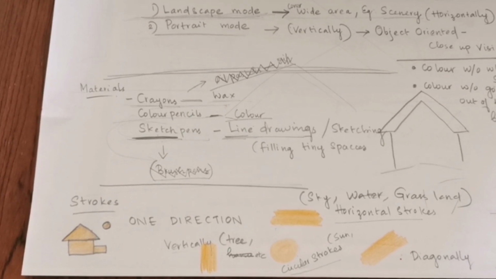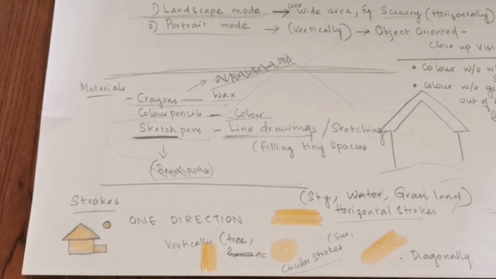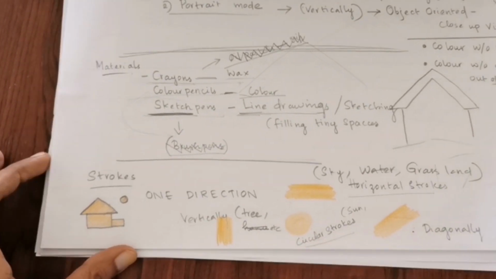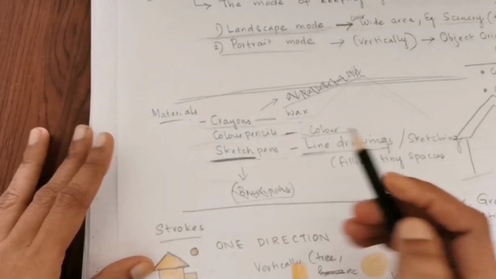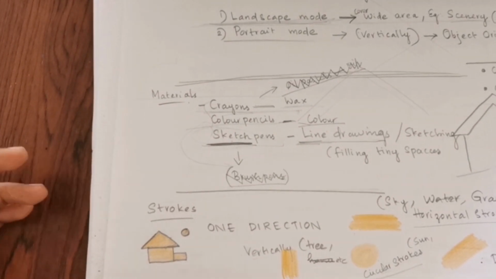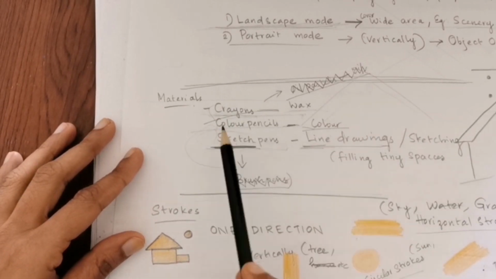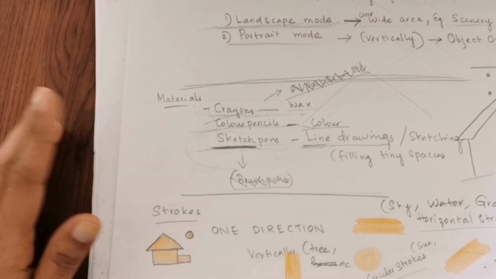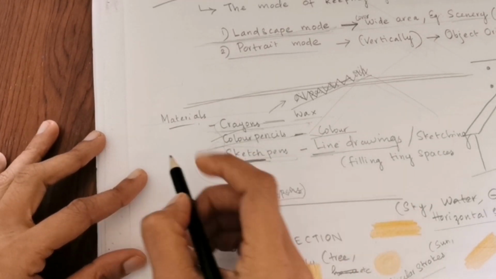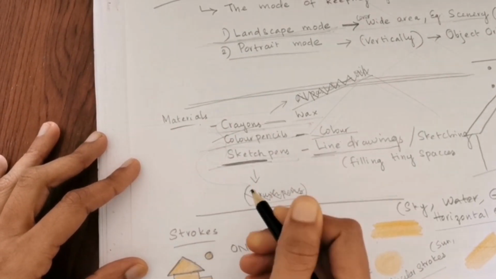Once again, we already learned about three materials or mediums which are used for coloring. If we are using crayons only for coloring, we will call it a crayon session or something like that. Sometimes you can use a crayon and color pencil together, or in a line art you can add some colors using a color pencil.